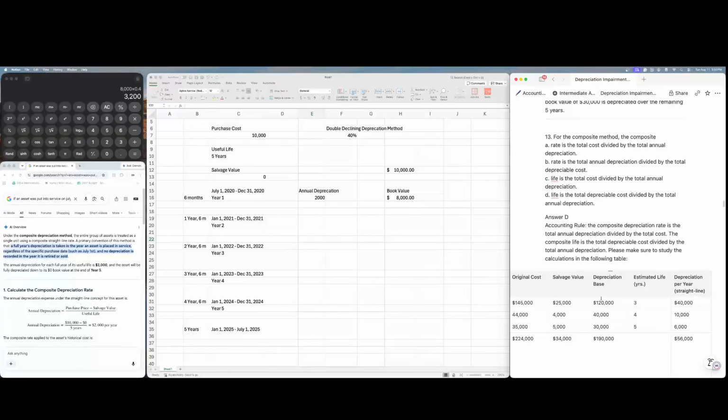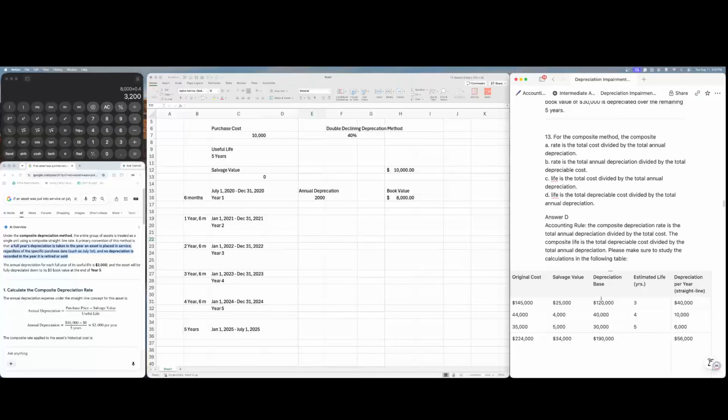So you would calculate the straight line depreciation for all of the items in that group or composite, get the annual depreciation for all of those items, and add it all together. Then you divide it by the original cost, and that's how you get the depreciation rate.